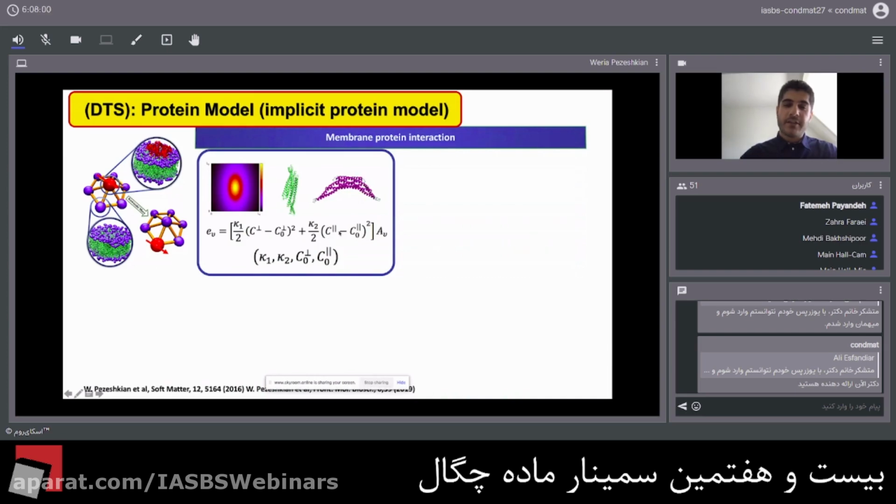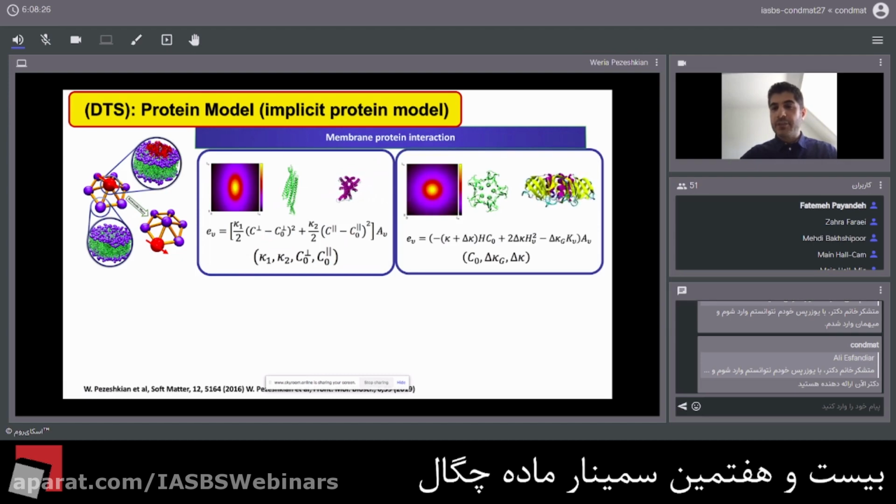This C parallel and perpendicular are the membrane curvature in the direction of the protein. So somehow we have to use the Euler formula to obtain curvature in the direction of the protein, because we only have principal curvatures.